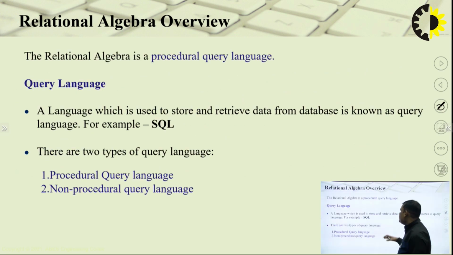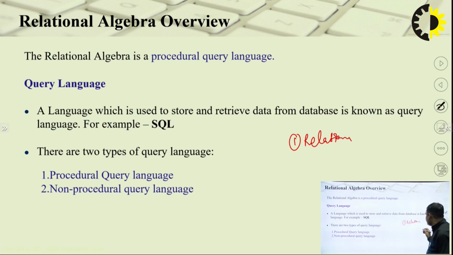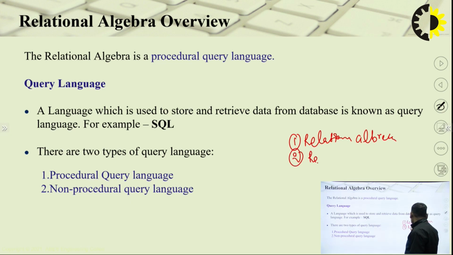Relational algebra basically implements the mathematical concept of the relational model. Relational model means mathematical models. The first mathematical model is relational algebra. The second mathematical model is relational calculus.